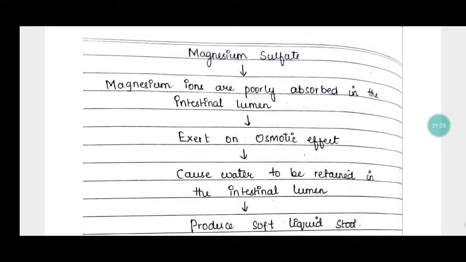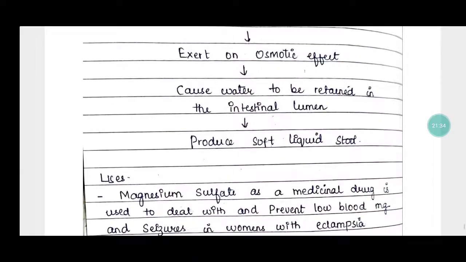In the simplest form, the magnesium ions are poorly absorbed in the lumen, exert the osmotic effect and further cause water to be retained in the intestinal lumen, and produce soft liquid stool.